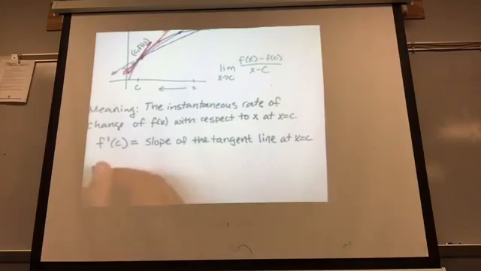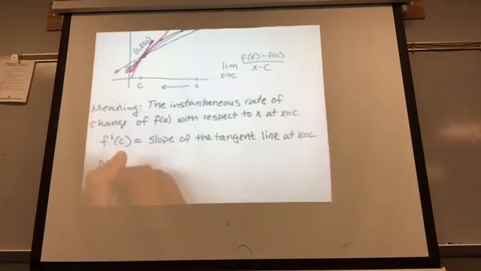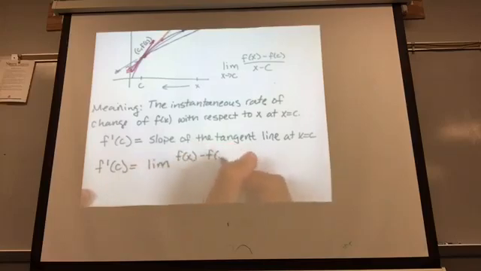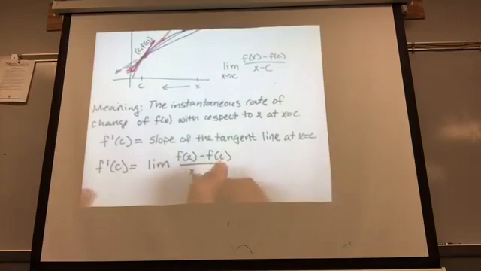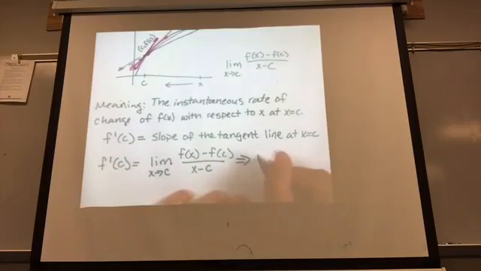And so the difference quotient, we'll write it again, is f prime of c equals the limit of f of x minus f of c over x minus c as x approaches c. And that's also known as the derivative.